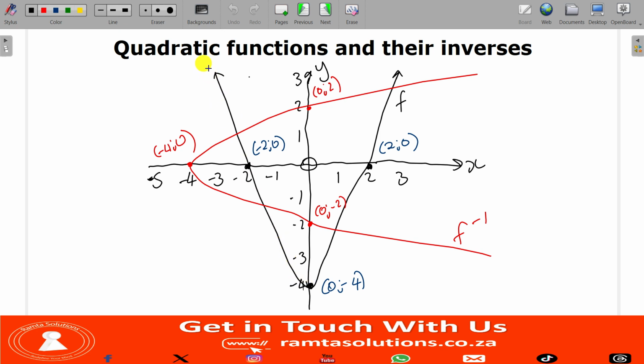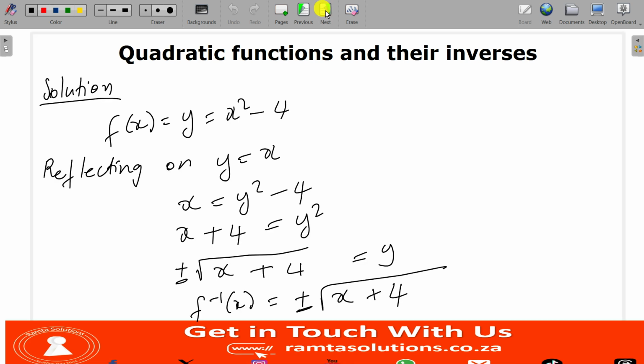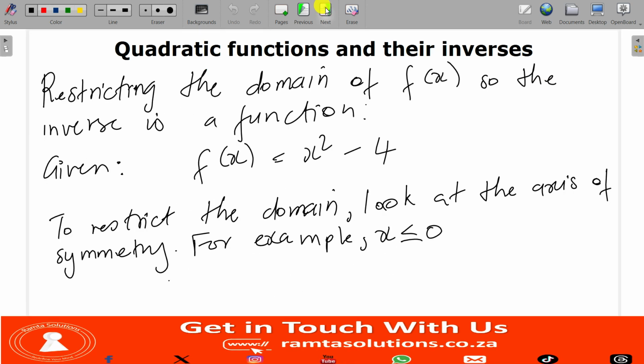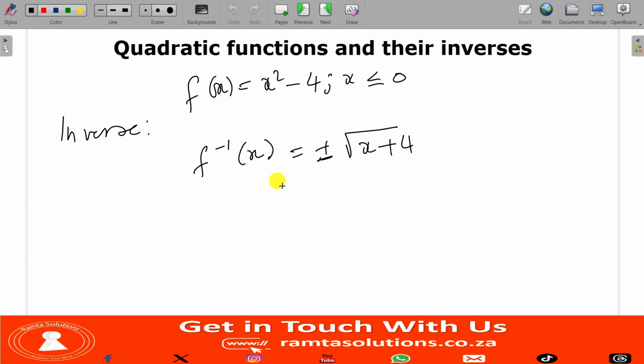Sorry, this is the function with the restricted domain. Do you see that? We said x is less than or equal to 0. That means you are moving to the left, right? So this is the one that we are looking at. Let me just draw it in order for you to see it. It will be something like this.